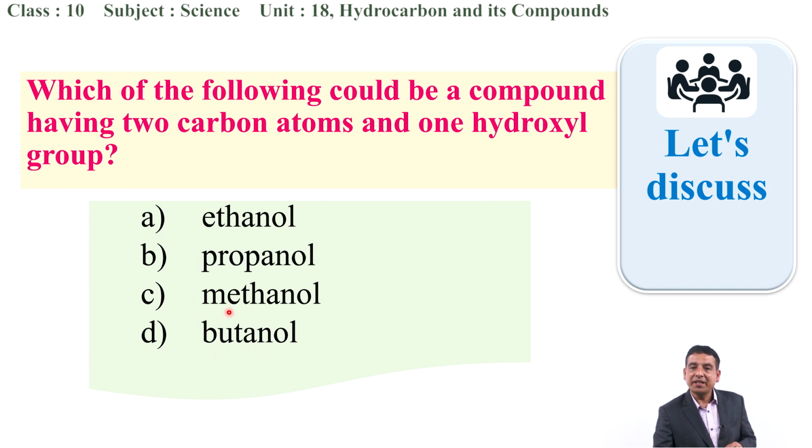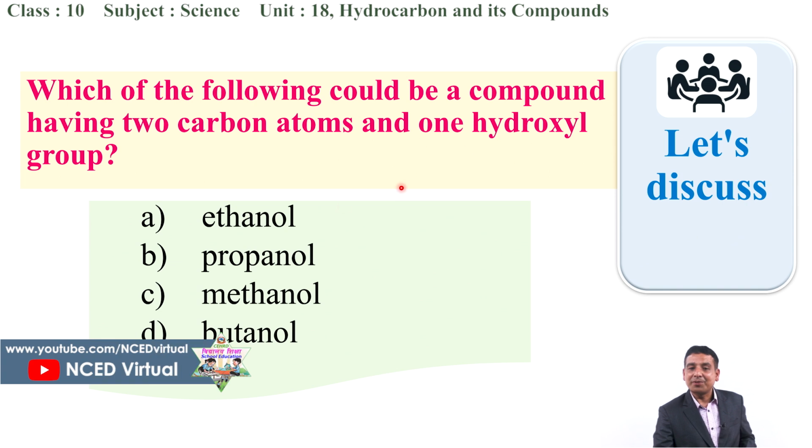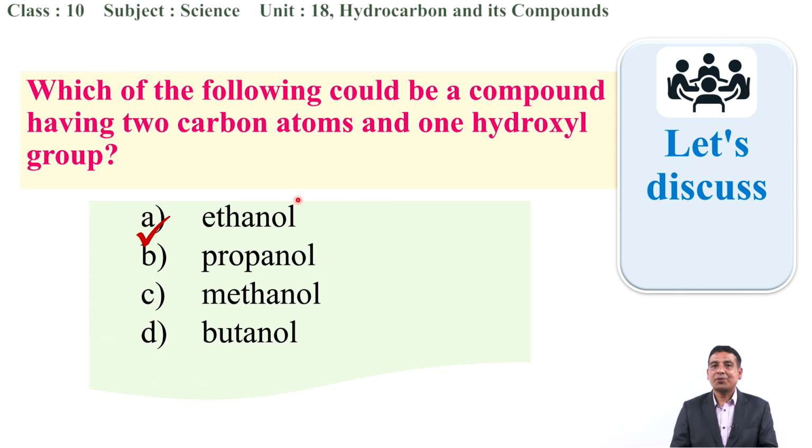No. Is it meth? No. Is it prop? No. Is it eth? Absolutely. Eth is the word used to represent hydrocarbons consisting of 2 carbon atoms. So, if there is 1 hydroxyl group, obviously it will be ethanol. So, the first one is the correct answer for the question displayed on the screen.